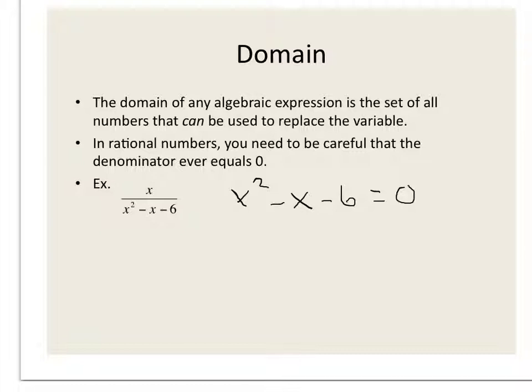If you need a review on factoring, I would encourage you to go to YouTube or Google, type in factoring, and see if you can find a tutorial to help you with that. In this problem, I'm going to factor x squared minus x minus 6. That factors to x minus 3, x plus 2.